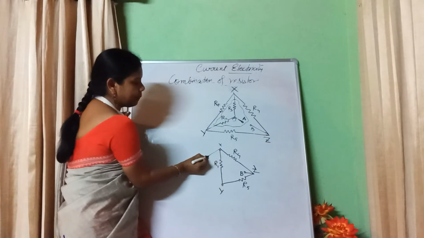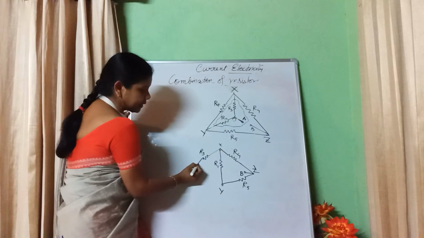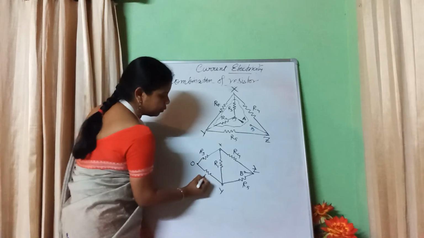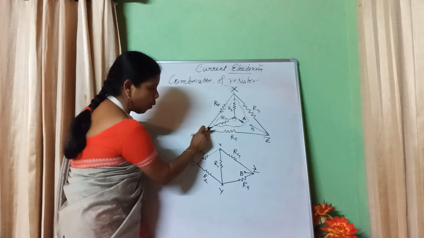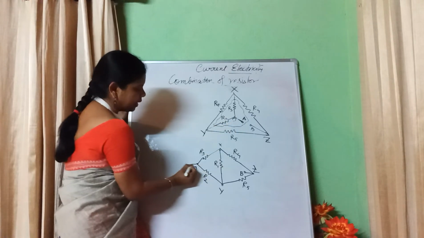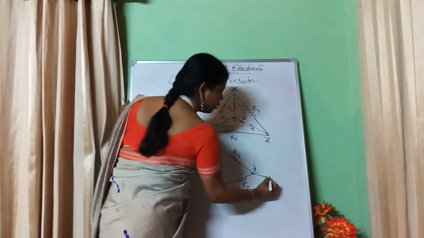This part will be my R3, connected to O. Then from O we have R2 connected to Y. Then from O there is another terminal A. Let's pull it and write it as A here. And this B, instead of drawing inward, draw it here.